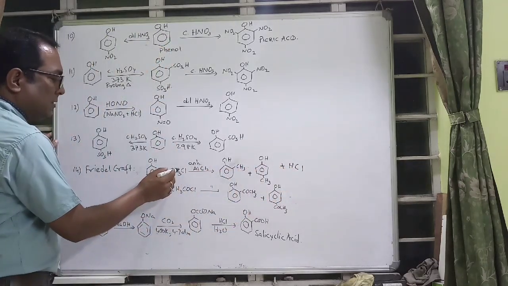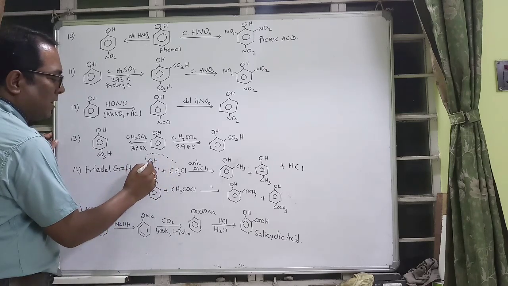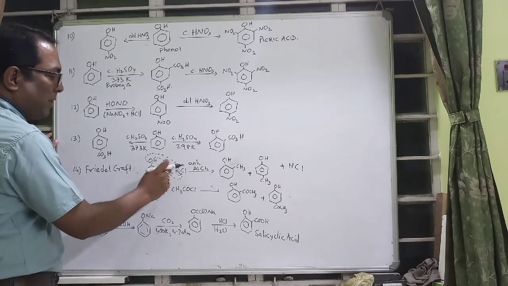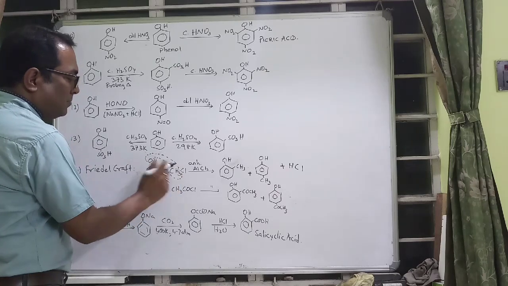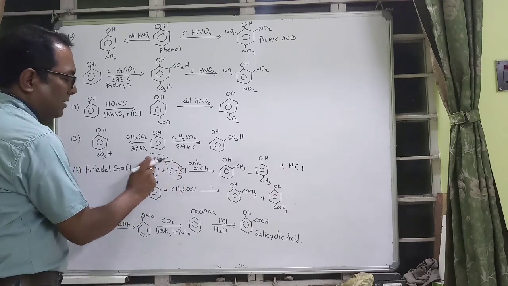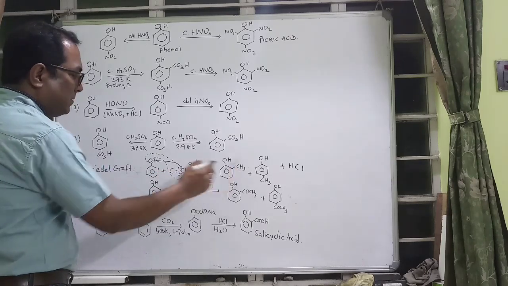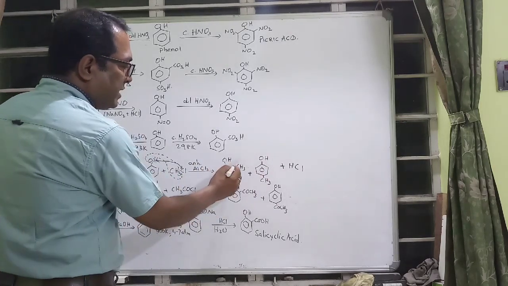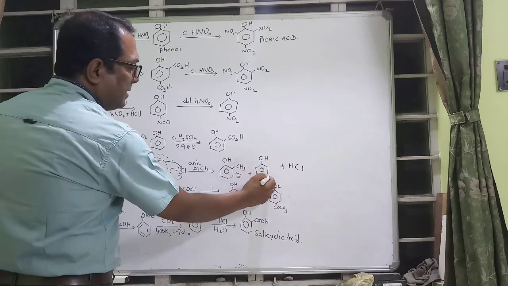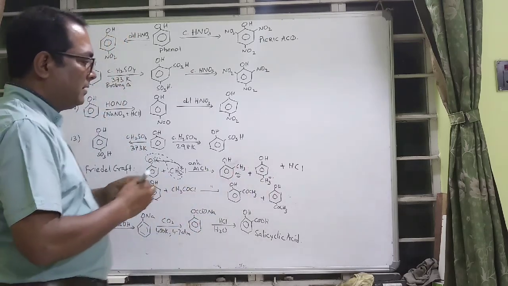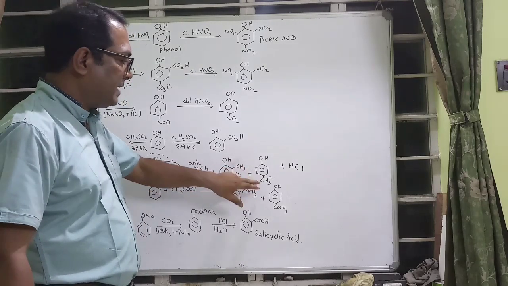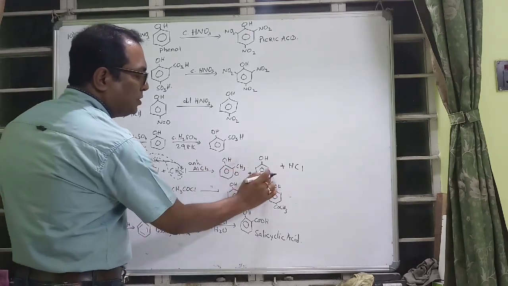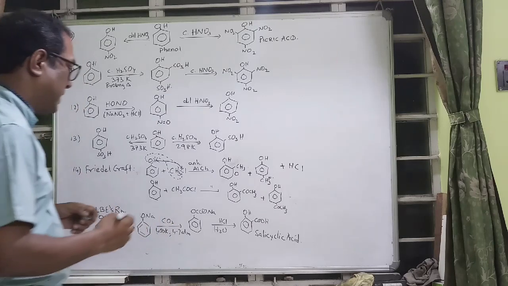So what is left over is this CH3, which gets attached to the ring, and you get cresol at the ortho position and the para position, together with hydrogen chloride.